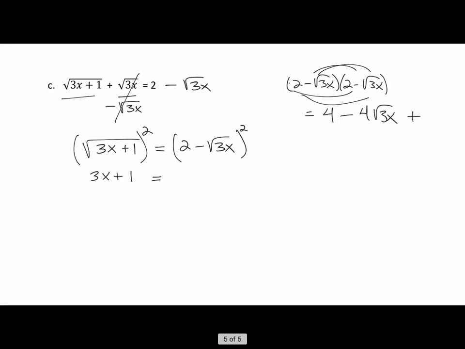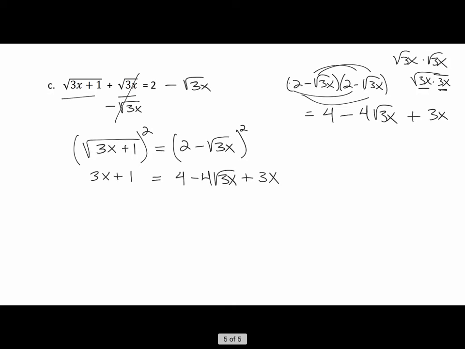And then if I multiply, well, negatives will be positive, but if I multiply root 3x times root 3x, I can put those into the same radical, right? And since there's two factors of each, then that has a perfect root of 3x. So 4 minus 4 root 3x plus 3x.